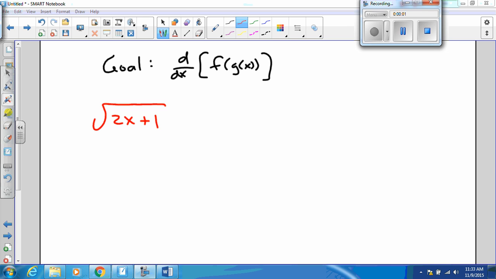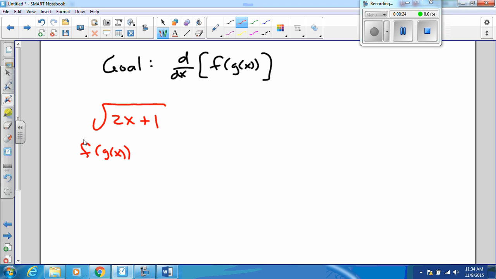So our goal here is to get the derivative of f of g of x, a compound function. And as an example, I'd like to consider the square root of 2x plus 1 as an example of a compound function. And we're going to break this up into inside and outside.